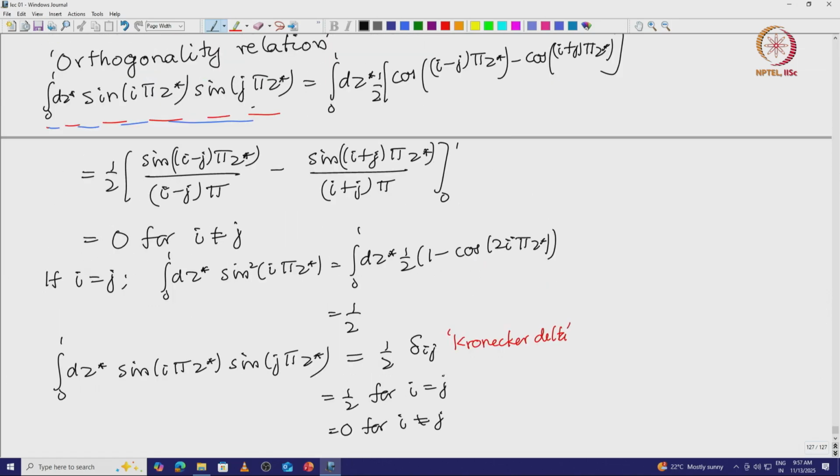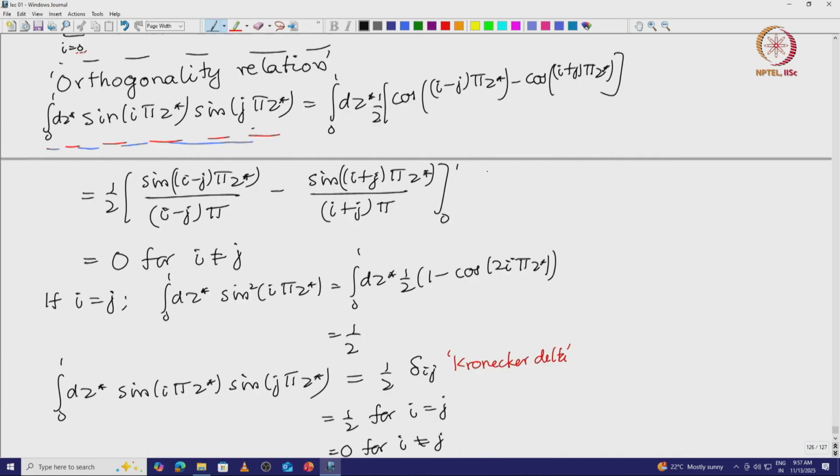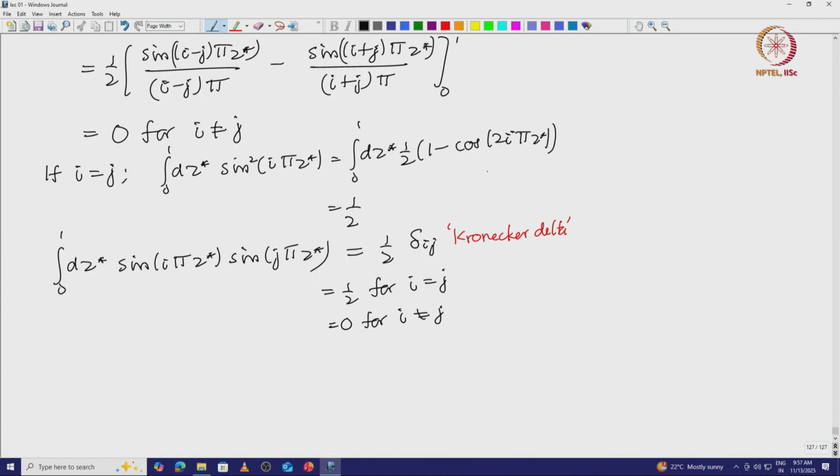So, this can be used for implementing this relation. This orthogonality relation can be used for implementing this initial condition. So, I have summation over all i of a i sine i pi z star, with i from 0 or 1 to infinity, it does not matter, equal to minus of 1 minus z star.